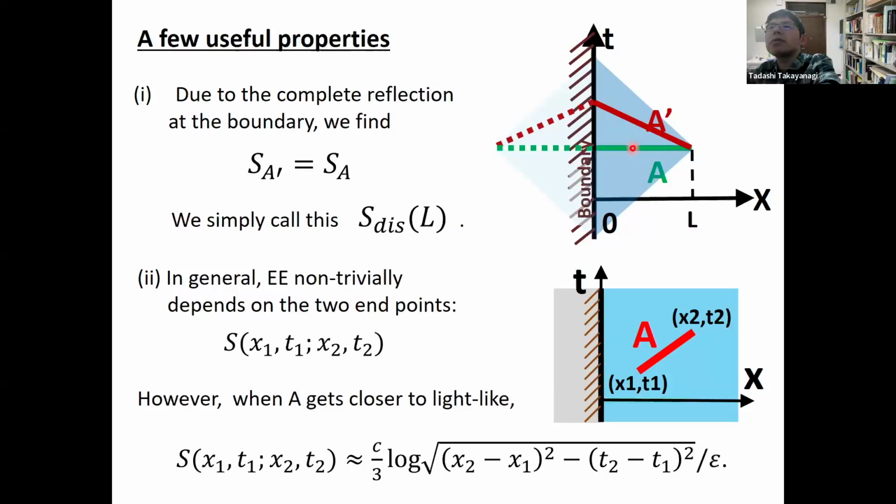Because all information from here always passes through A prime, and information from A prime always passes through A. So the entanglement entropy for A and A prime is the same. That's the first point. So we can also talk about A prime, but then we can regard this entropy as just the length L, the real distance, not this distance.